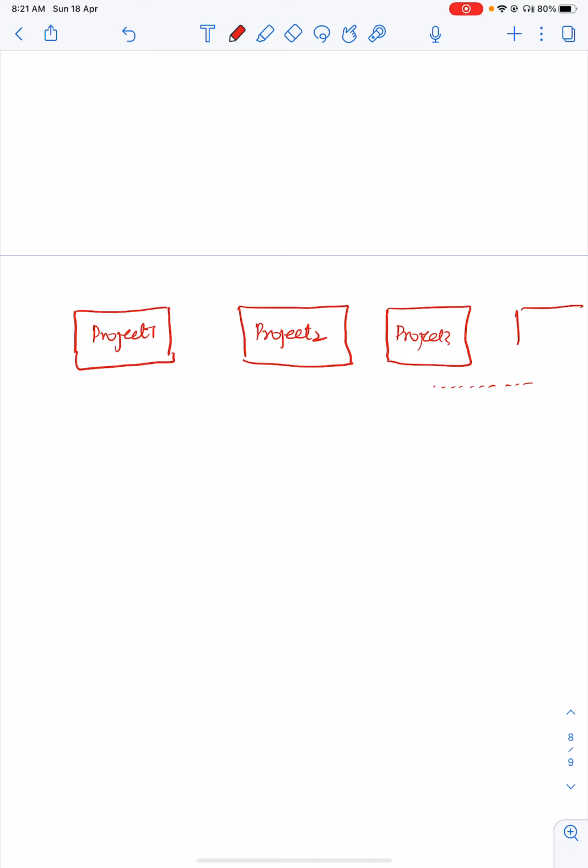We have n number of projects. Project 4. Each project will have a combination of people, like let us say 20 programmers, 2 CAs, one legal person, and let us say 2 CWAs.